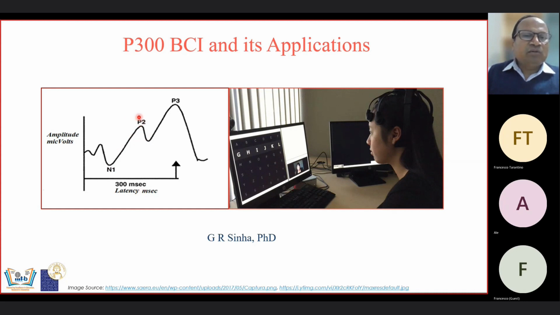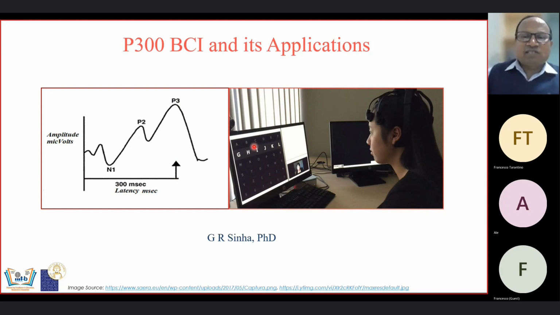So this is your P200, also denoted by P2, but there is a significant amount of potential. There is a large amount of potential in comparison with this, that is P3, which is P300, and it is a positive peak after 300 milliseconds. So total latency time, I hope you understand the latency.